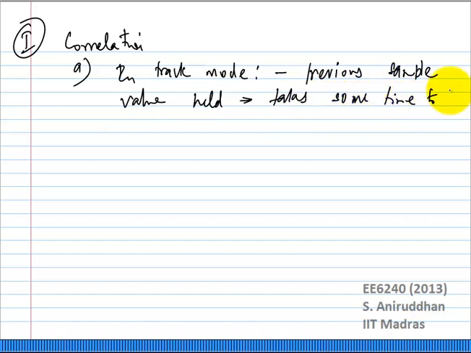This takes some time to discharge. Now, how long does it take to discharge? When you're entering track mode, you have the previous sampled value, which needs some time to discharge. What does that depend on?